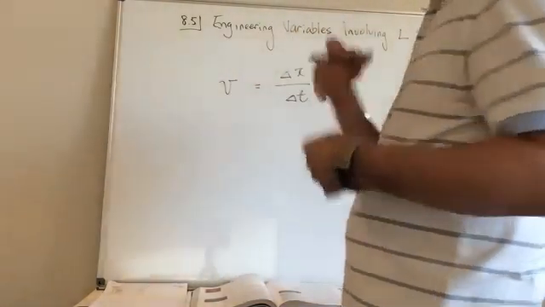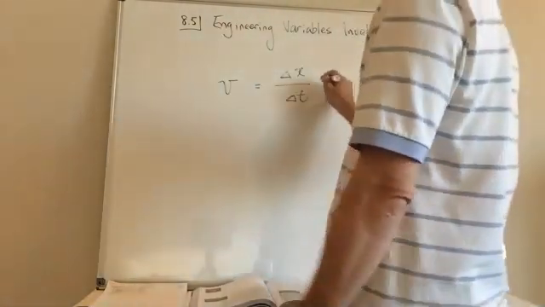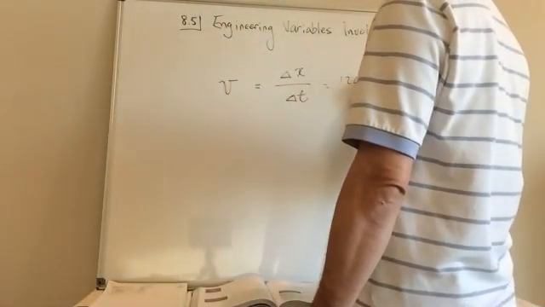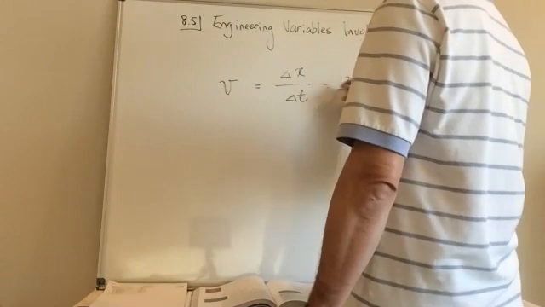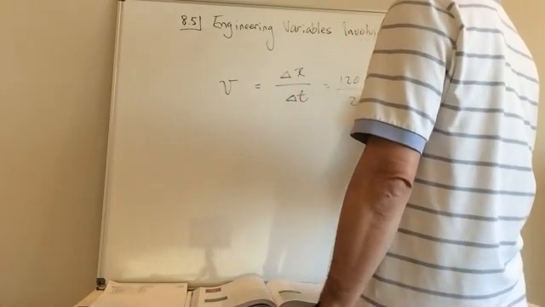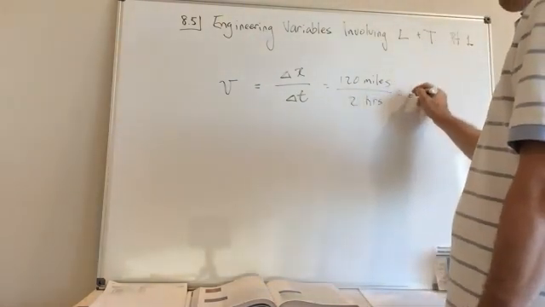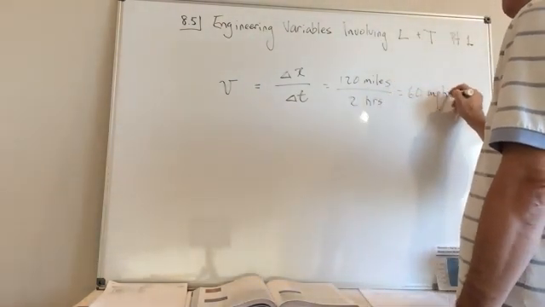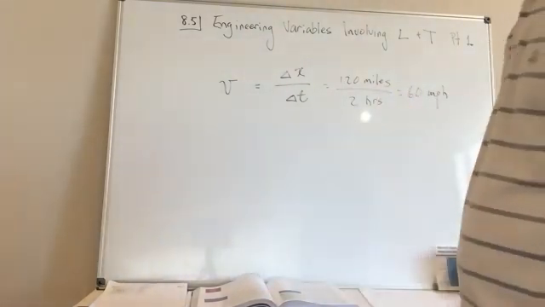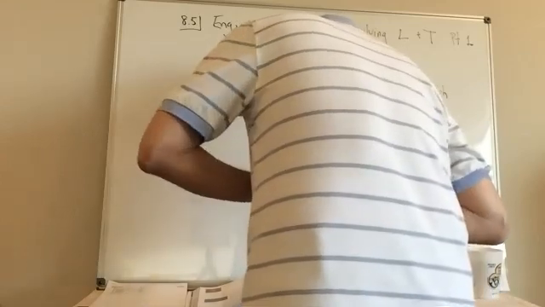So if you traveled 120 miles in 2 hours, your speed is going to be 60 miles per hour. Simple as that.